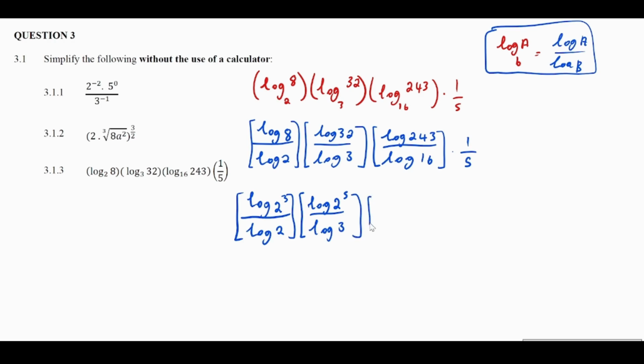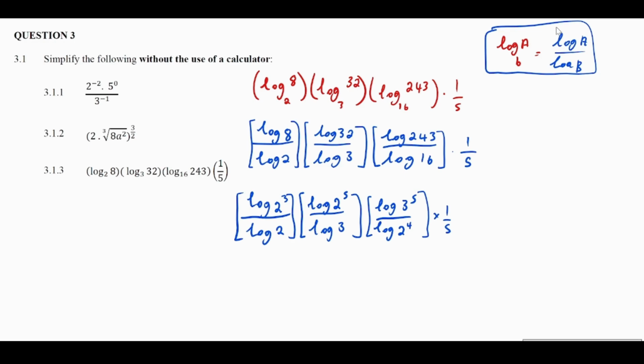And then lastly, 243 in exponential form, it's 3 to the exponent of 5. So this is going to be the log of 3 to the exponent of 5. What about 16? 16 is the same as 2 to the exponent of 4. All of this multiplied by 1 over 5.